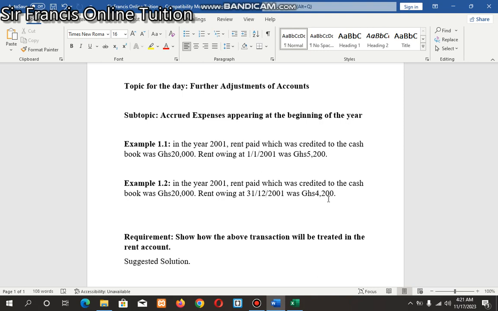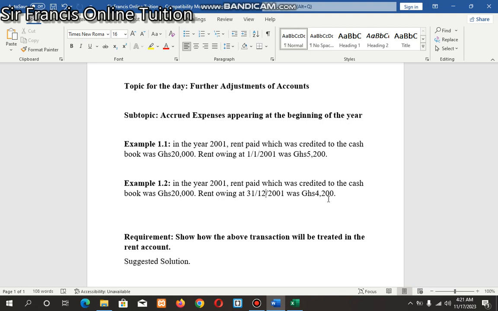Maybe in the course of the year, the business rented an apartment costing 10,000 Ghana cedis, and made payment of, let's say, 5,000 Ghana cedis, and by the time the business was closing its books for that year, they hadn't paid the remaining 5,000 cedis. That remaining 5,000 at the end of the accounting year is what is known as expenses owing at the end of the accounting year.